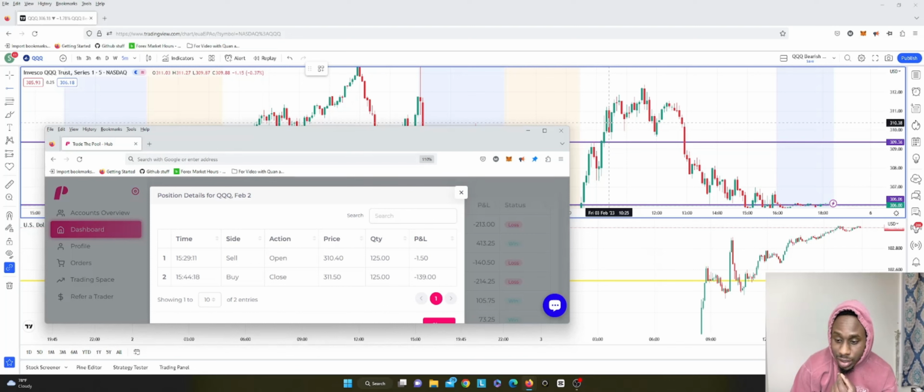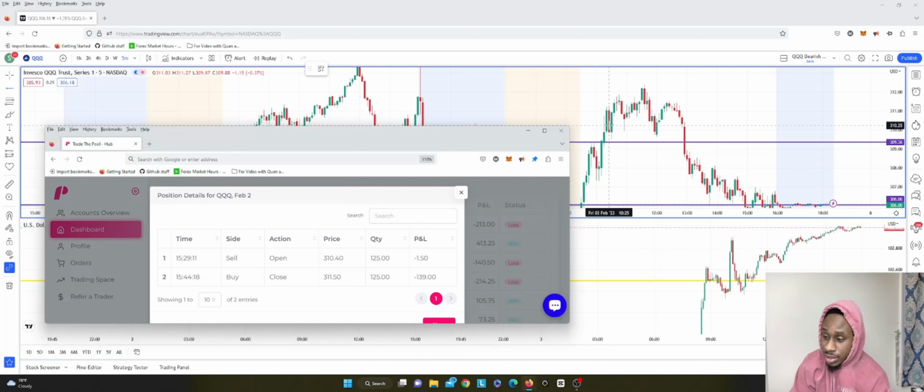I know it was a problem. I wanted to capitalize on the move down, but then I had my stop loss too close. Look at that. My stop loss was too close because I would have gotten the sell movement as well.